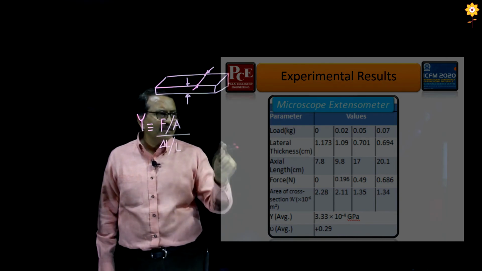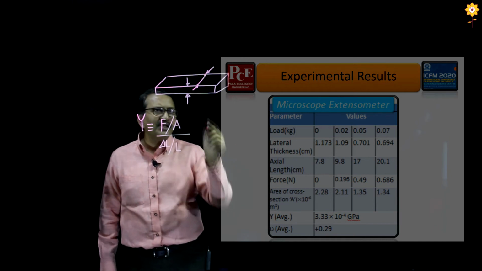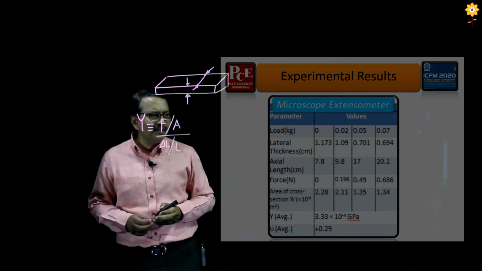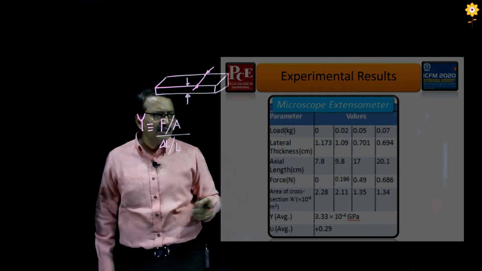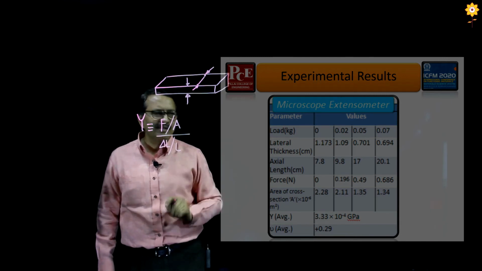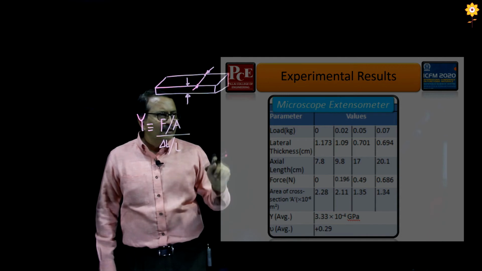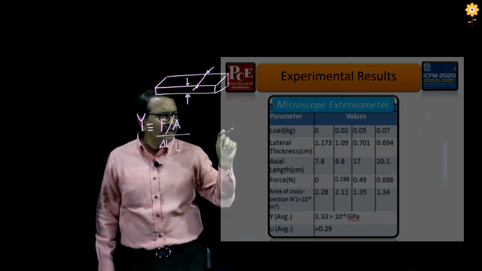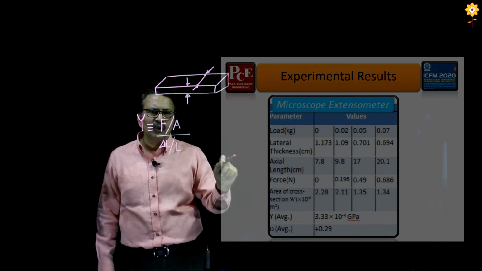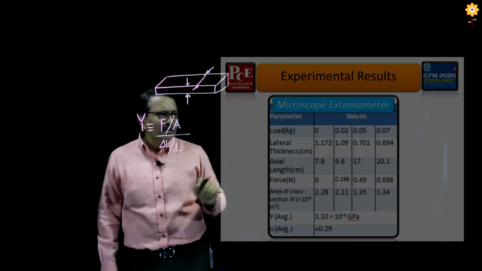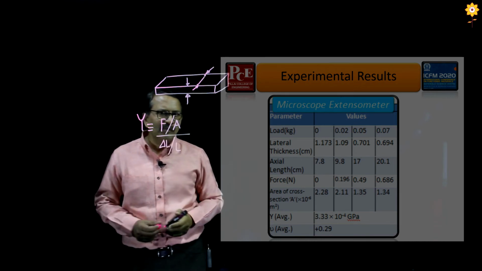And we measure the change in the lateral thickness. In this case 1.173 was the unstretched breadth of our polymer strip, and when I loaded it, it changed to 1.09 and went on to 0.694 for a load of 70 grams. So this was the lateral thickness that I measured with the help of the microscope.